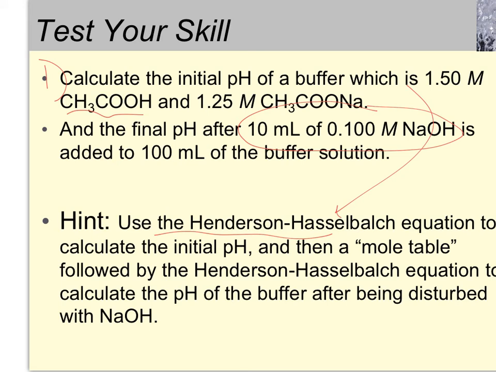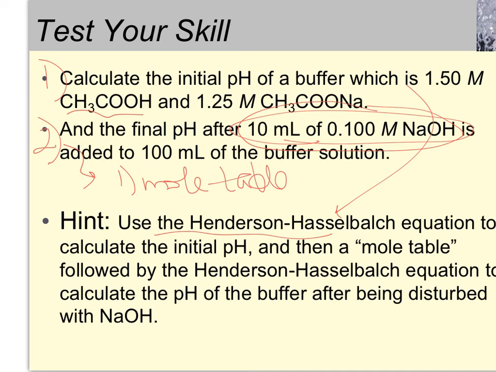And when you get to the second problem, you have contaminated it. So the second problem is going to be a two-step. Remember, one is going to be the mole table, where you figure out how much of this contaminant was added and how it's going to change the ratio of the weak acid and conjugate base.